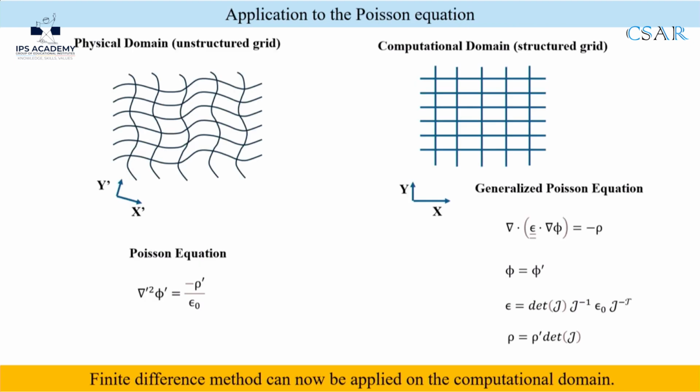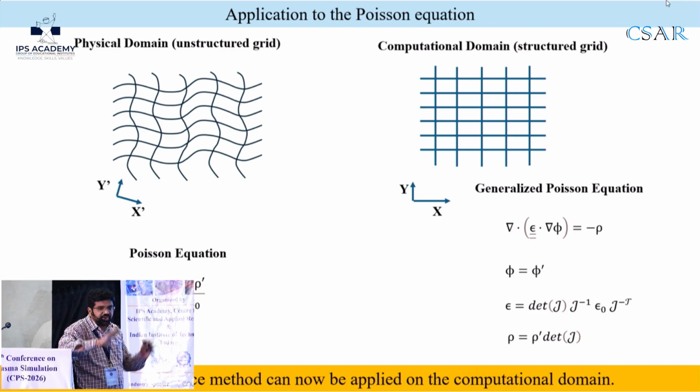As far as the Poisson equation is concerned, let's assume that we have an unstructured grid over here, and we will represent it by the prime coordinate system. I want to solve a Poisson equation here, but I don't want to solve the problem on an unstructured grid. I want to solve it on a structured, nice, well-behaved grid, which I call the computational grid.